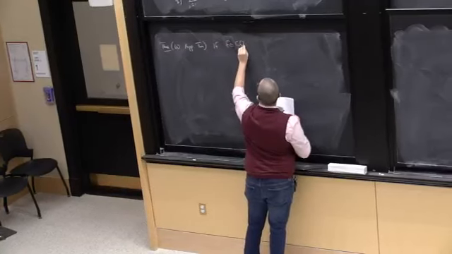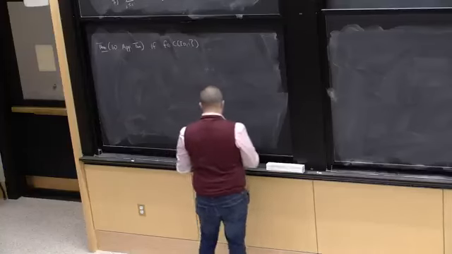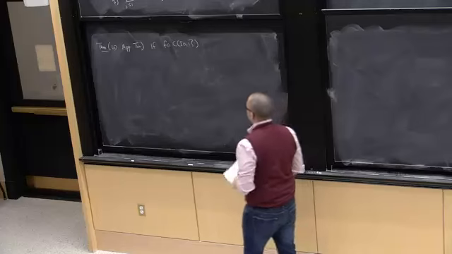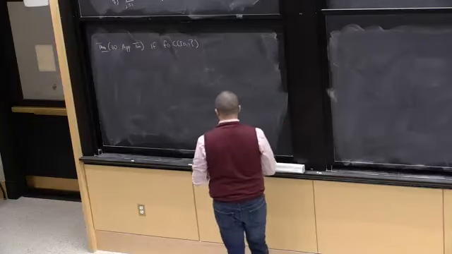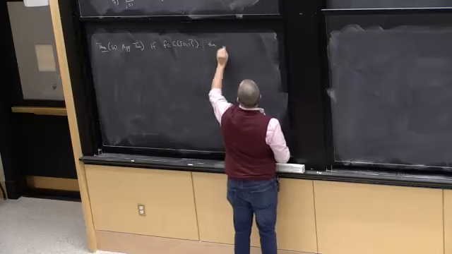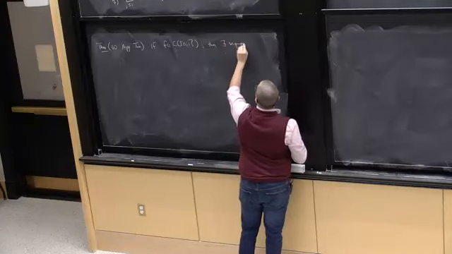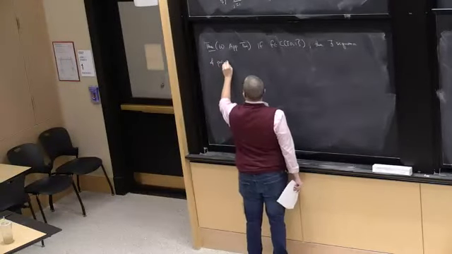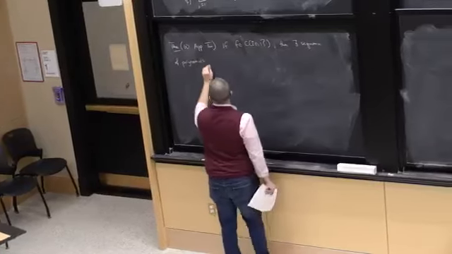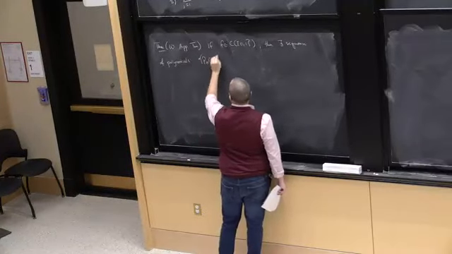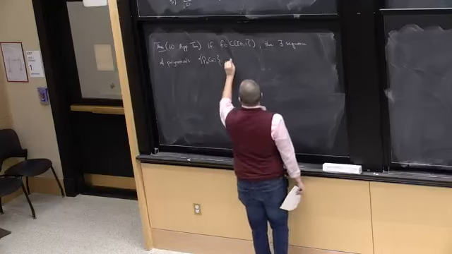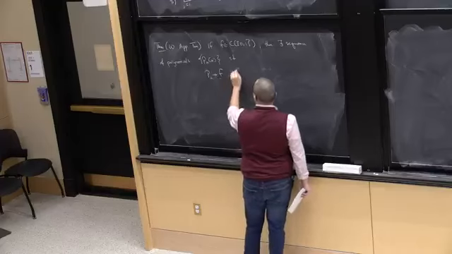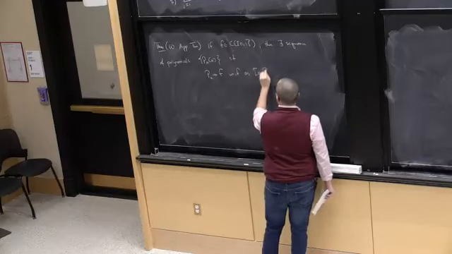If f is a continuous function on the unit interval, say, you can make it [a, b] just by rescaling the variables, but I'll just state it for continuous functions on the unit interval, then there exists a sequence of polynomials p sub n of x such that p sub n converges to f uniformly on [0, 1].